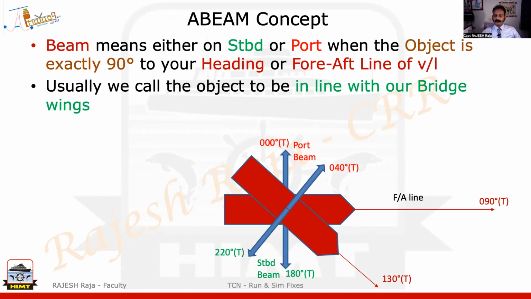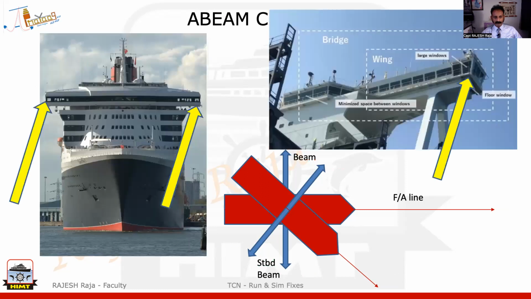This is what you need to understand: what is relative and what is true as far as beam is concerned. Relatively, they are always 90 degrees. True, please check your heading and then calculate. You will be needing this calculation because every question will be with a different heading. And again, your course can be two different things, CTS and CMG also. So please be aware of this.